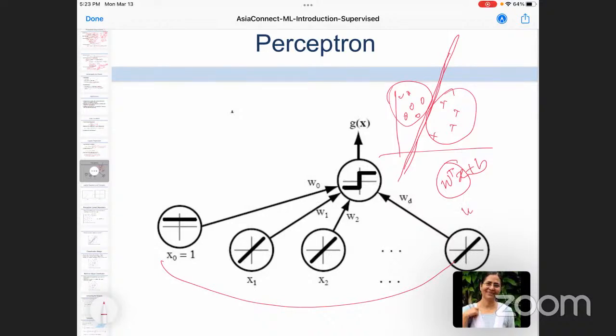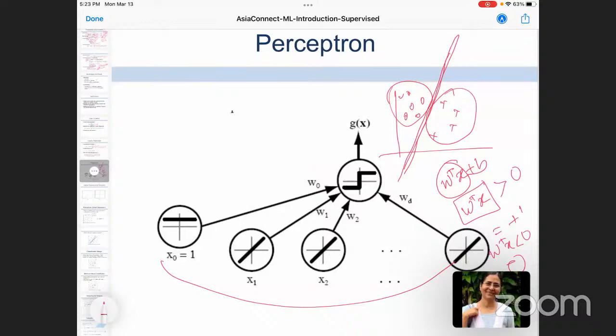And if this linear combination is greater than 0, then you can say this is positive, class 1. If this is less than 0, you can say this is class 0, negative. So this is called perceptron.